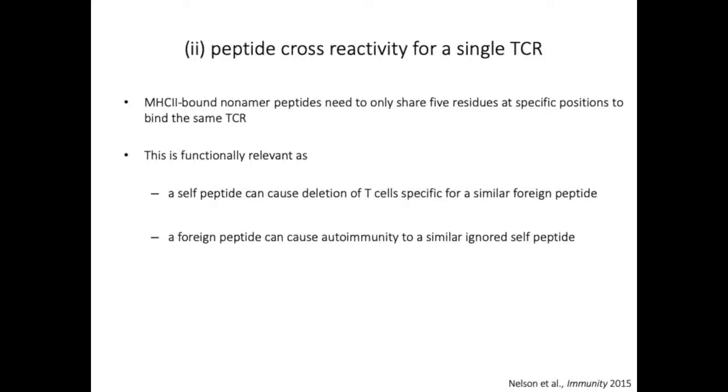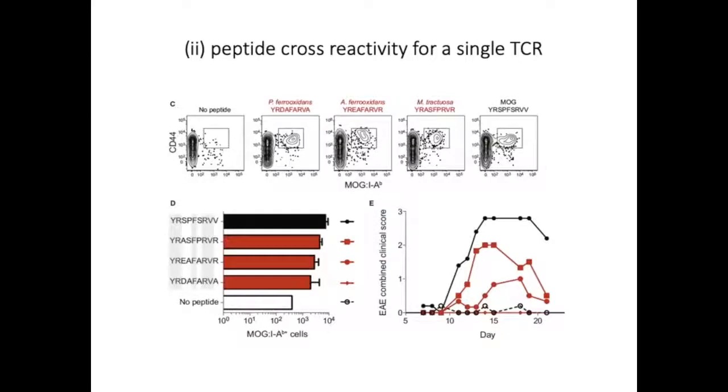And this is functionally relevant because different peptides recognized by the same TCR could either create autoimmunity or mount an efficient immune response against a foreign peptide. I'm just going to illustrate this with one slide from their work.